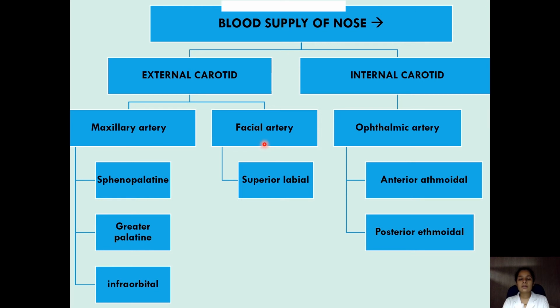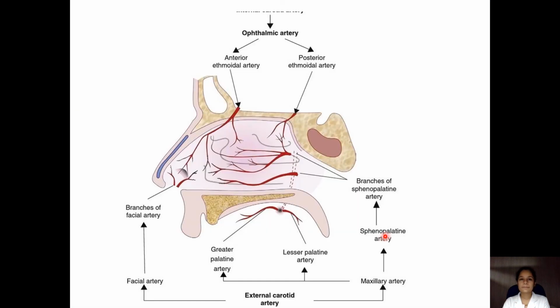And from the facial artery there is the superior labial artery, which supplies the upper lip, the lower portion of the nose and the tip of the nose. The internal carotid artery, which has no branches in the neck, has intracranially the ophthalmic artery, which gives two branches, the anterior and posterior ethmoidal arteries. This is the diagrammatic representation of the blood supply.